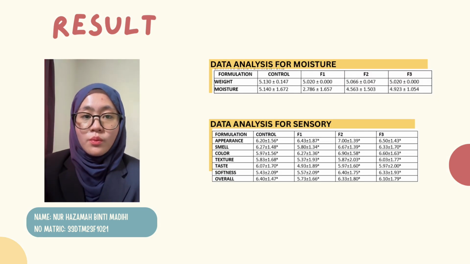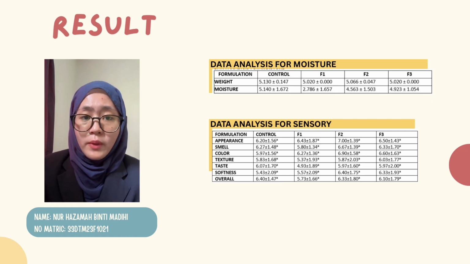Next, for the moisture content, samples with a higher level of date syrup recorded a slightly higher moisture value. This may be because date syrup retains more water in the dough. Finally, in the sensory evaluation analysis, panelists gave higher scores for taste, color, and overall acceptance for our soft cookies with moderate substitution of date syrup.